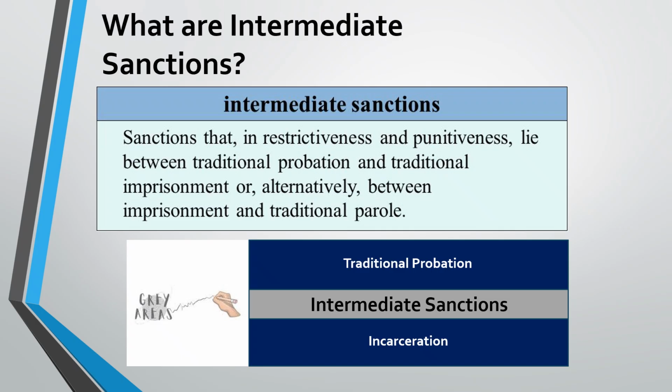So usually if someone is doing a traditional probation and is having problems staying on probation or abiding by the rules, instead of sending someone to prison by revoking that probation, the judge will add on more restrictions to avoid having to send someone to jail or to prison. So intermediate sanctions just lies in the middle.